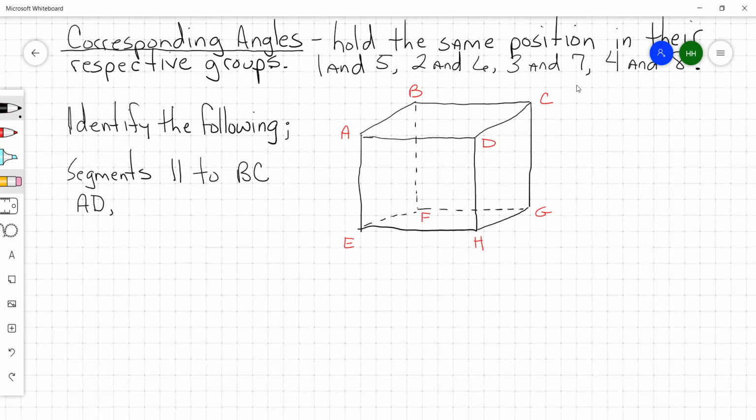Anything else do you see? See FG on the bottom back of this box? FG is parallel to BC. This front bottom edge, EH, that's also parallel to BC.